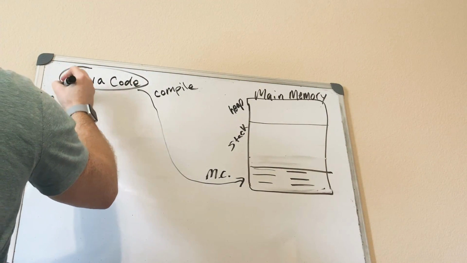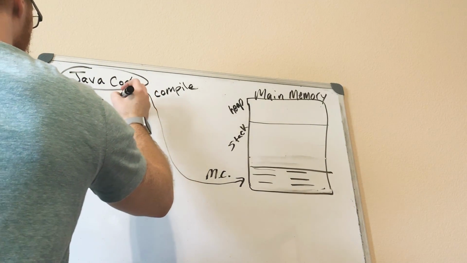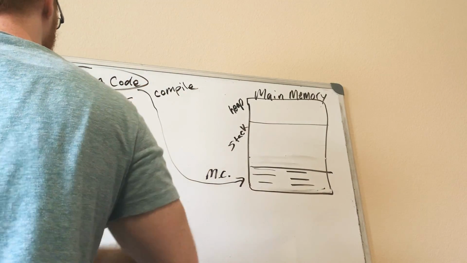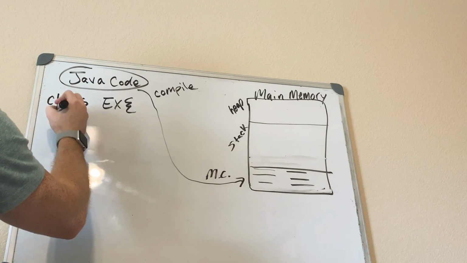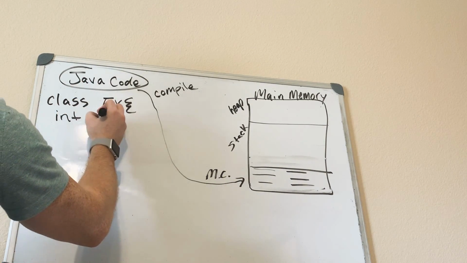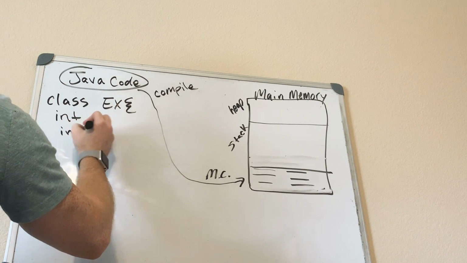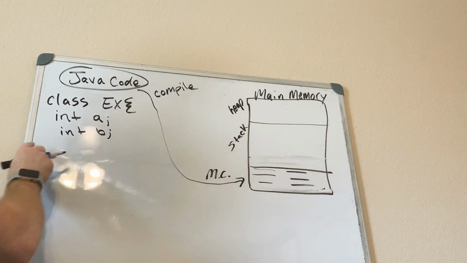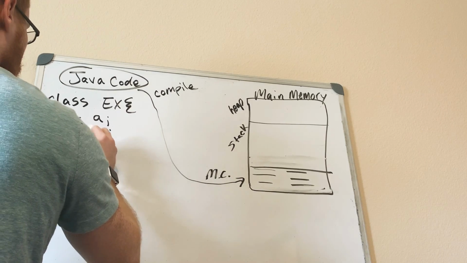Let's say we had a class, and I'm getting lazy, we'll just put example EX. Then let's declare int a and int b. These are going to be global variables; they're not inside the scope of a method. But let's make our main method.